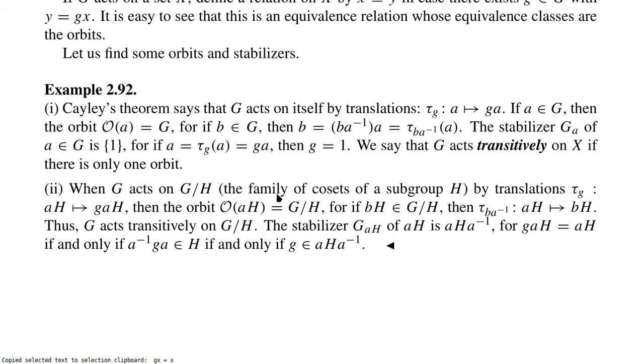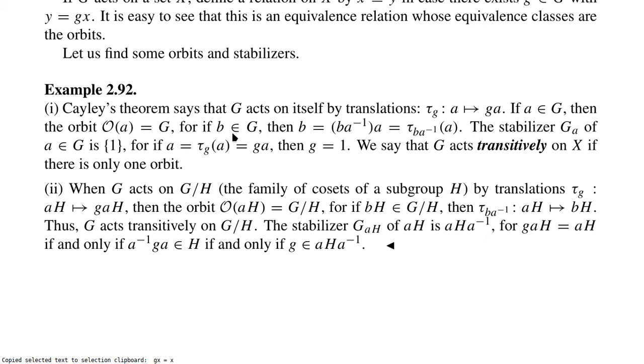Because again, just like here, if you have a coset BH, then you can map some coset to BH by this translation, tau BA inverse, right?